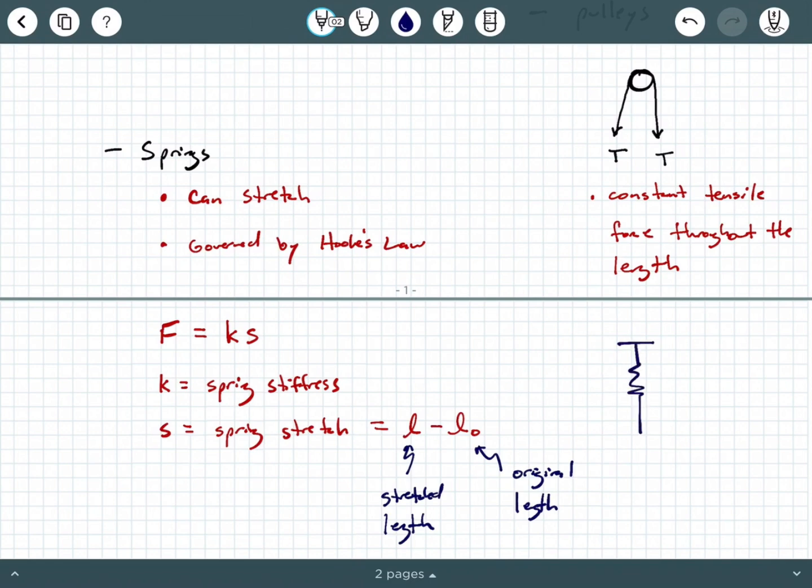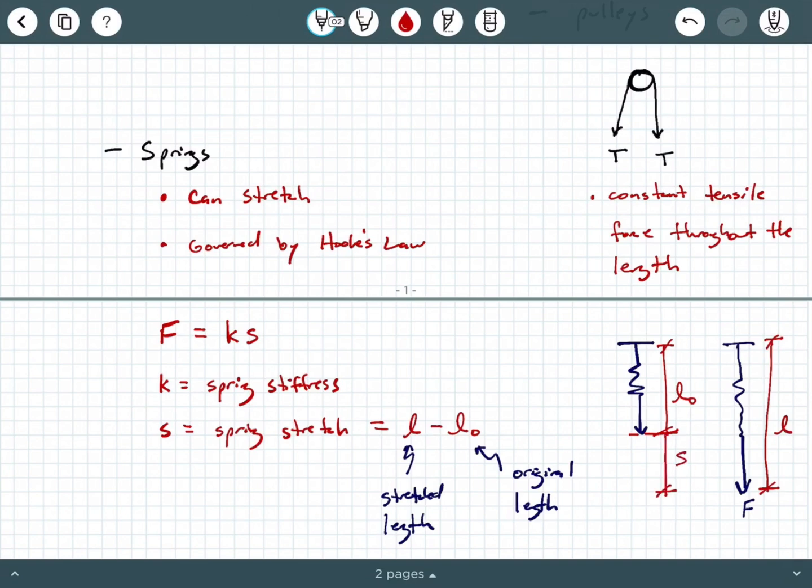For example, let's say that we have a spring here with nothing on it, and then at some point later we take that spring and we put a force on it, F. This length may be L naught, the original length, and then this length is the stretched length.